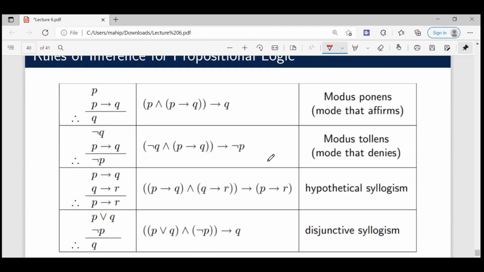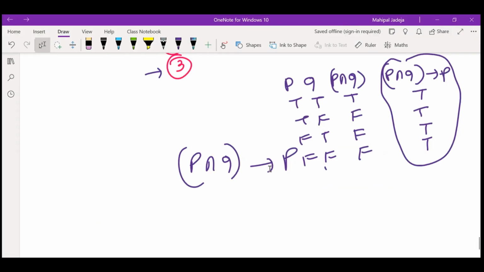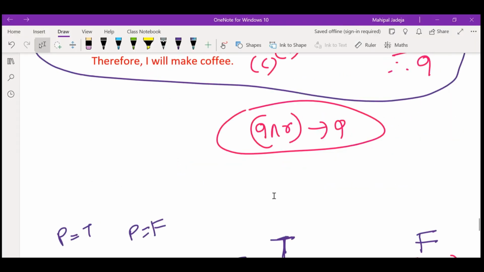Okay, fine. So the next one is P is given to you, P implies Q is given to you, right? And then you are saying that Q is the conclusion, and it's called Modus ponens. Let's see where it appeared.